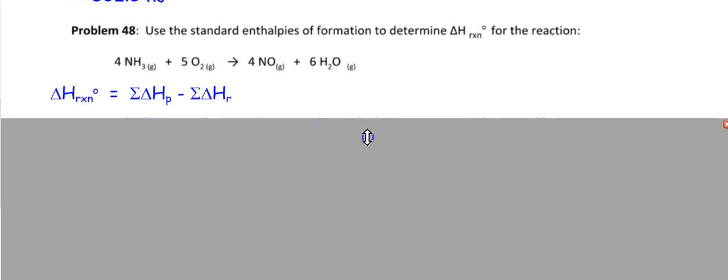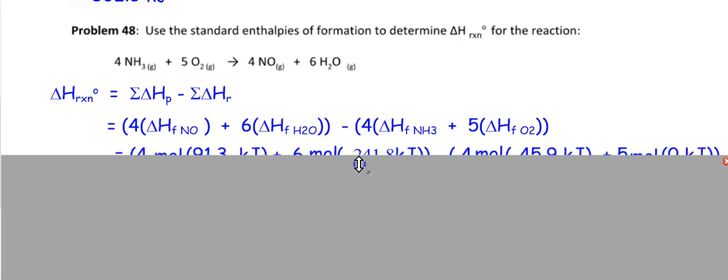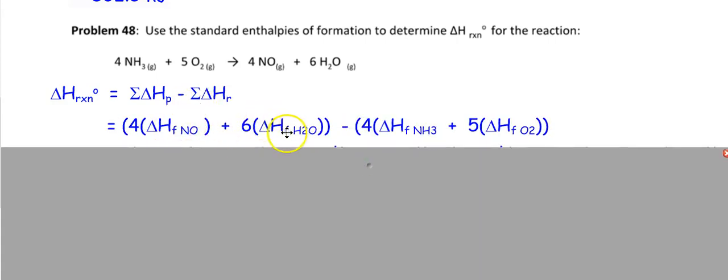Here's my formula. Summation, adding up all my products, including their coefficients, minus summation, add up all the reactants, including their coefficients. So I have 4 NOs plus 6 H2Os. Notice this one's a gas. You're not going to use that negative 241, are you? So add them up minus your reactants, your initial.